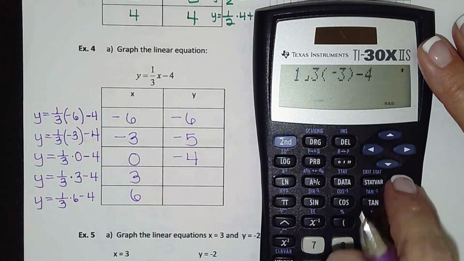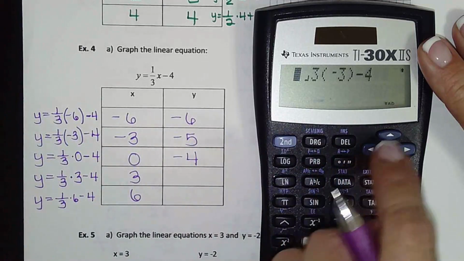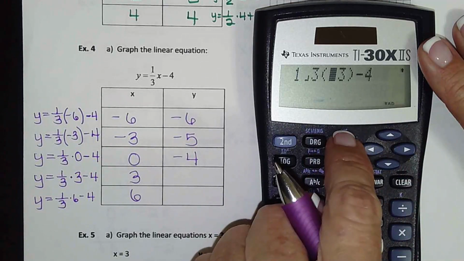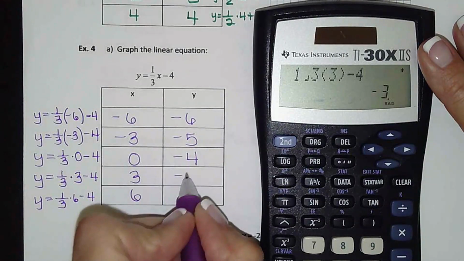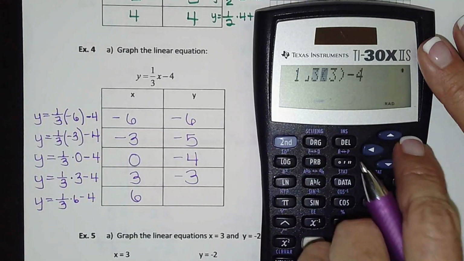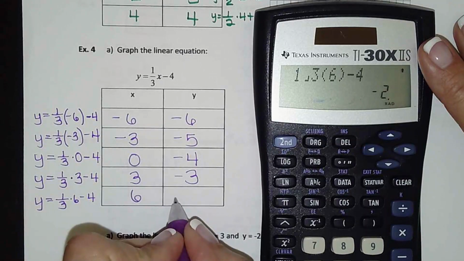Then I can hit my up arrow, and this time I need to delete the negative. So go over there on top of the negative and hit DEL, delete, enter, -3. And last but not least, type 6 in over 3, and that gives us -2.